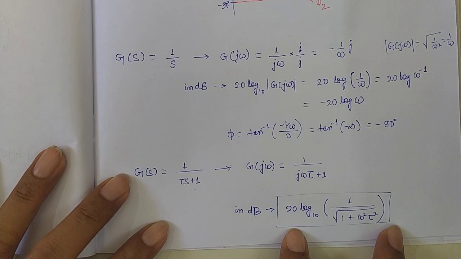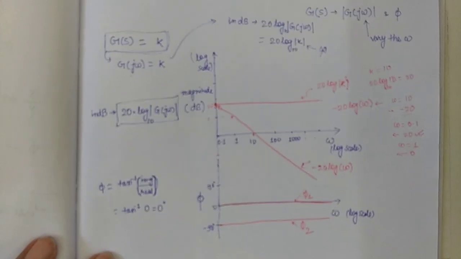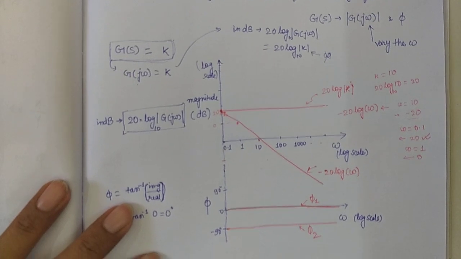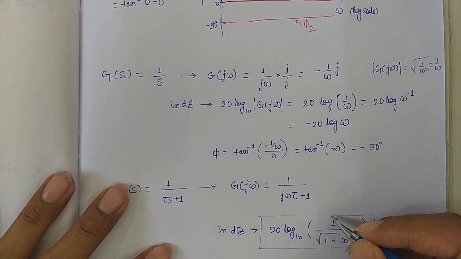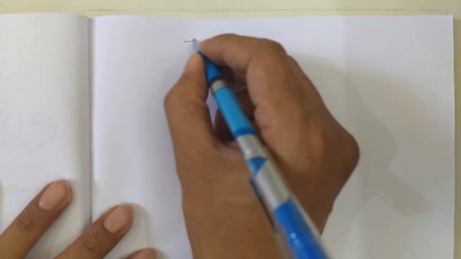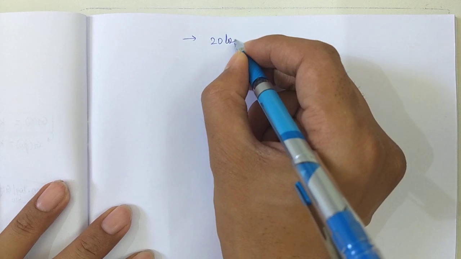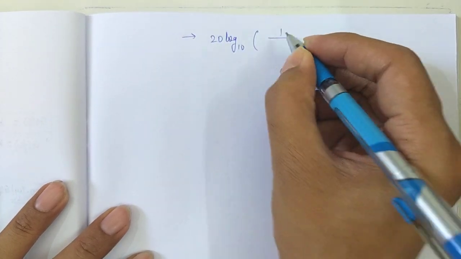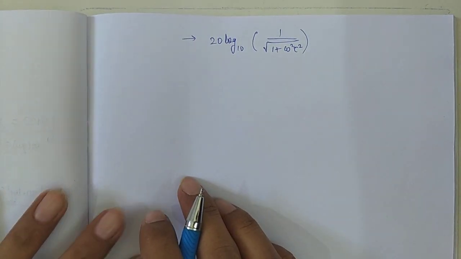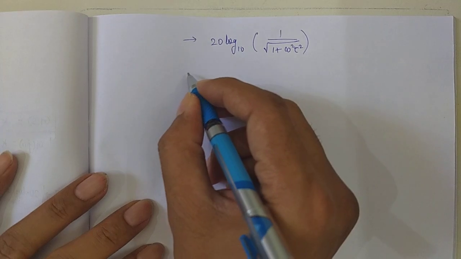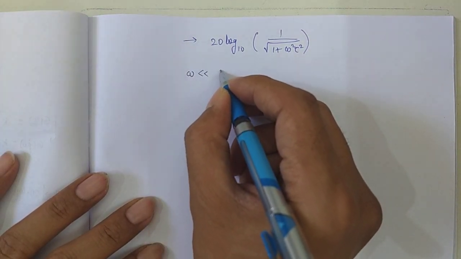Okay, so here there are two things. Let's take it a little bit in the next page. We have magnitude 20 log base 10 of 1 upon under root 1 plus omega square tau square. Let's suppose omega is much less than 1 upon tau.